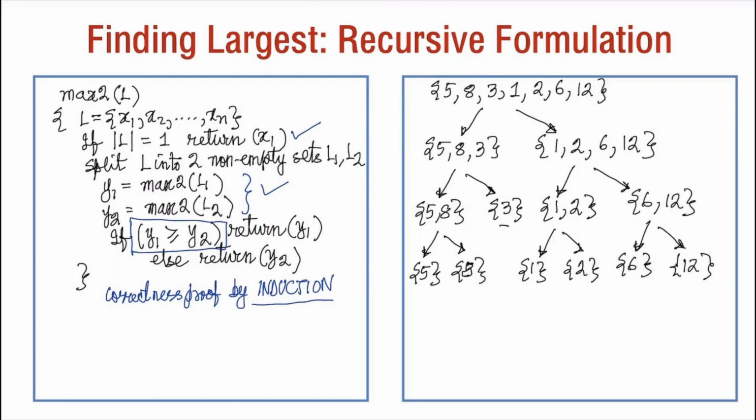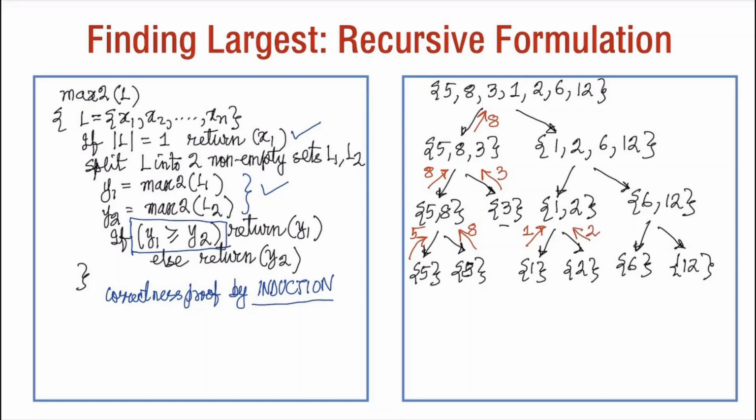And then once we reach a base element, which is a singular element, now this returns 5, this returns 8, this returns 3. Now 5 and 8 comparison returns 8. The comparison here, 8 and 3, returns 8. On this side this returns 1, this returns 2.